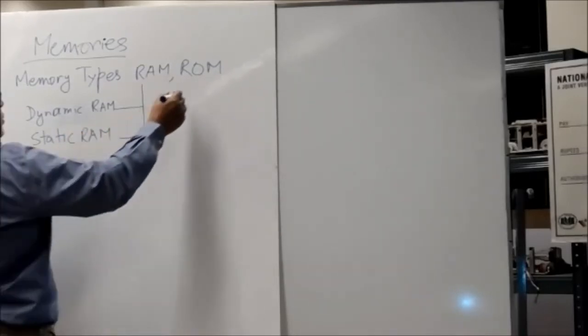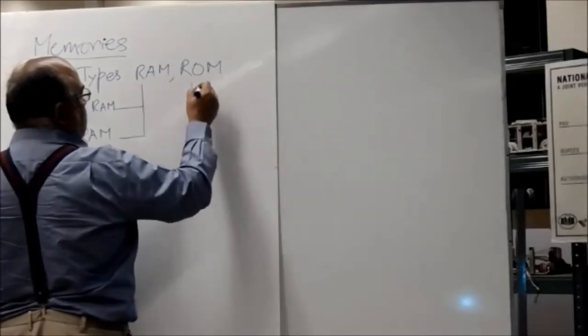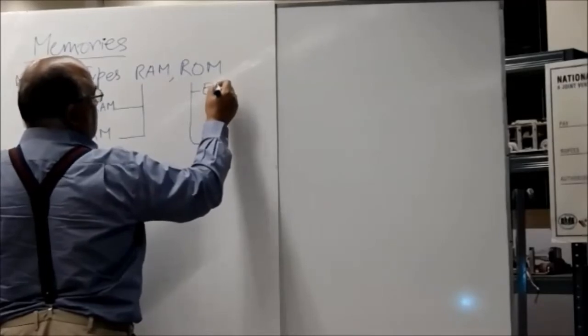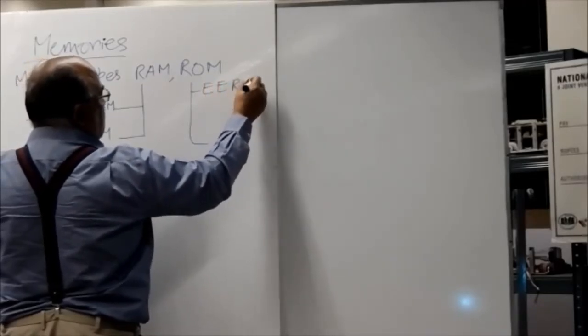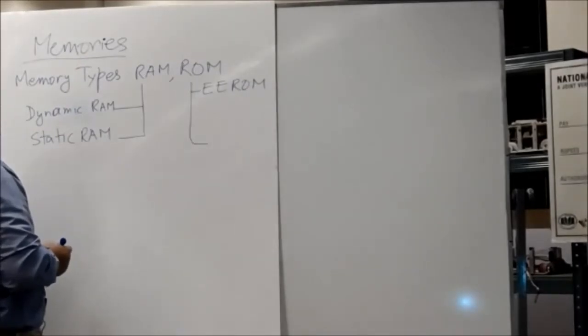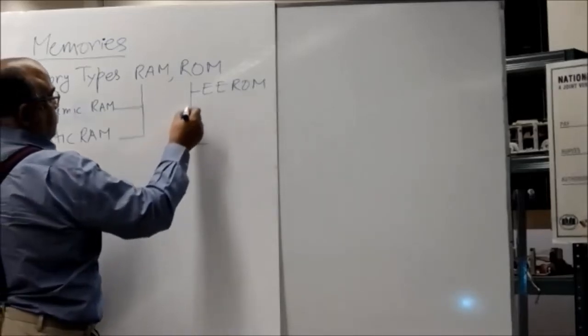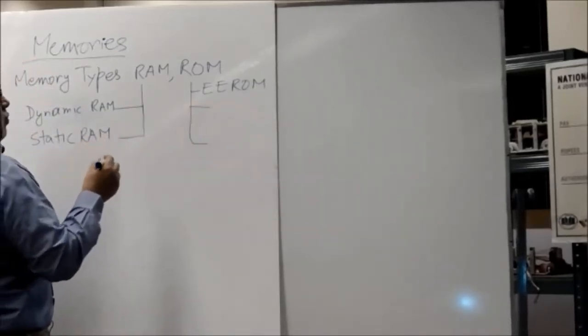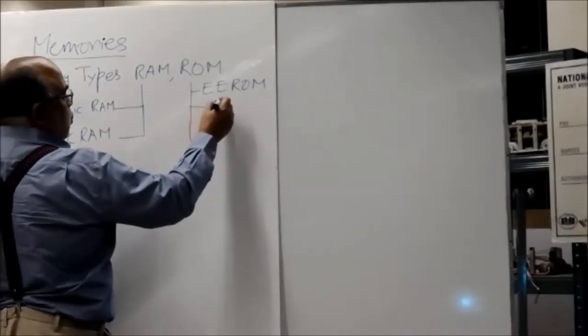ROM has many types. EEPROM, which is electrically erasable read-only memory. And we have UV-ROM.